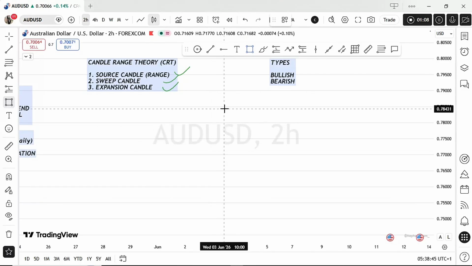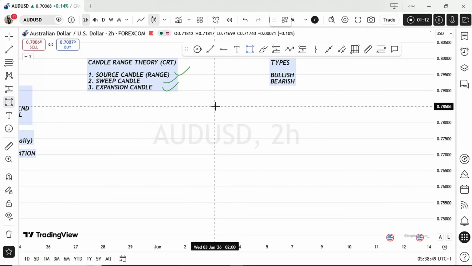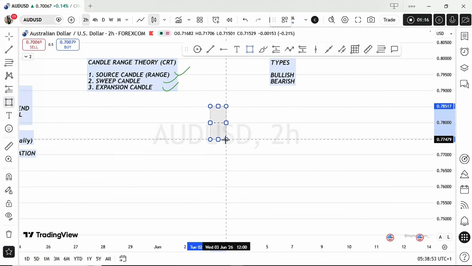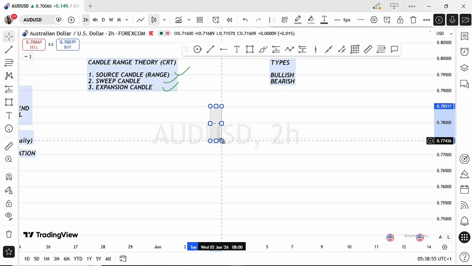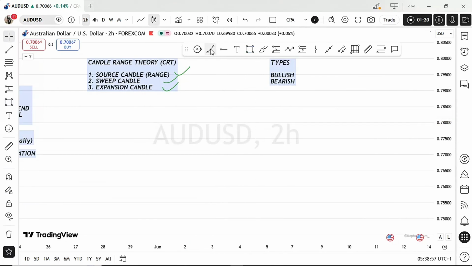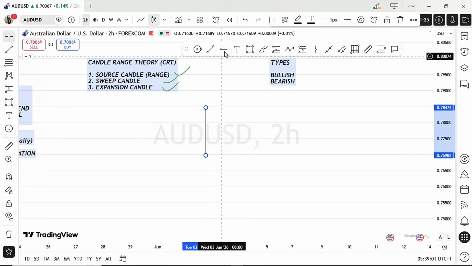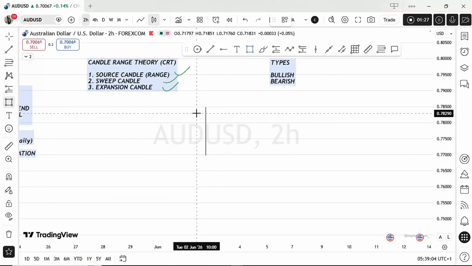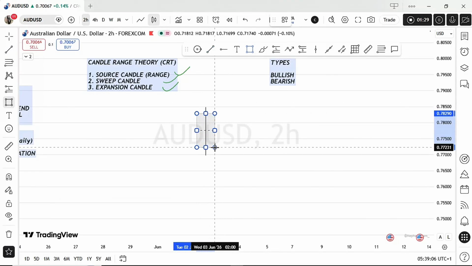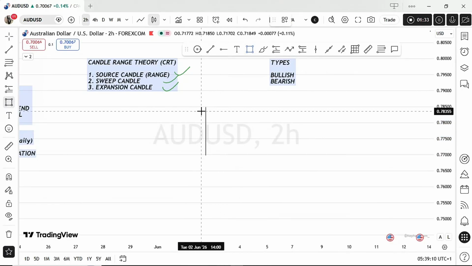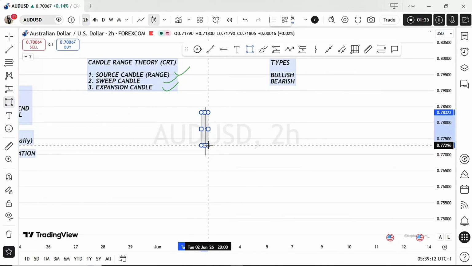All right, let's draw the bullish CRT. Just pay attention. The first candle is usually an opposite candle, oftentimes.